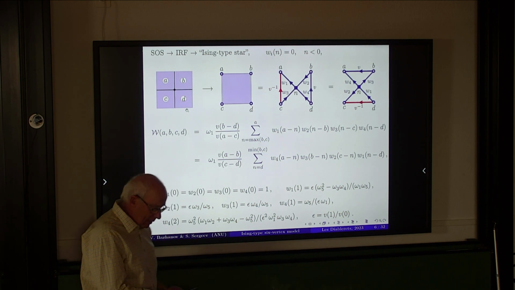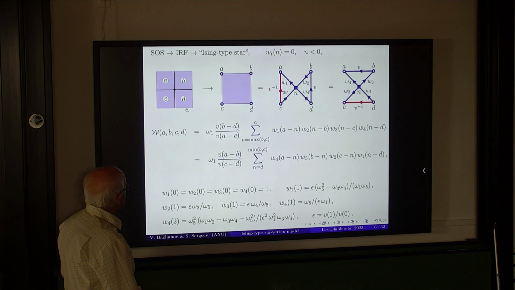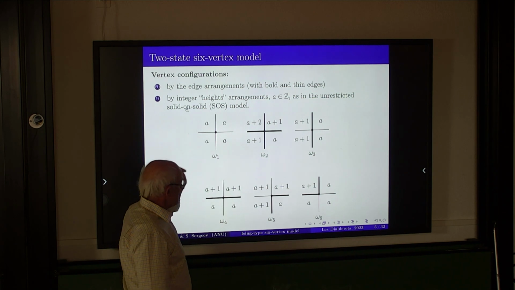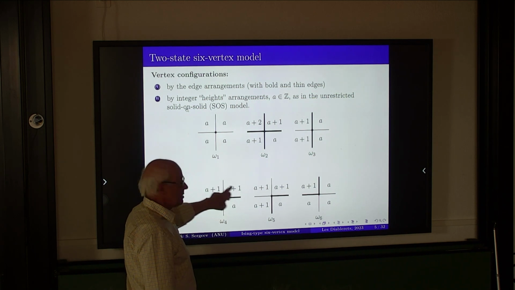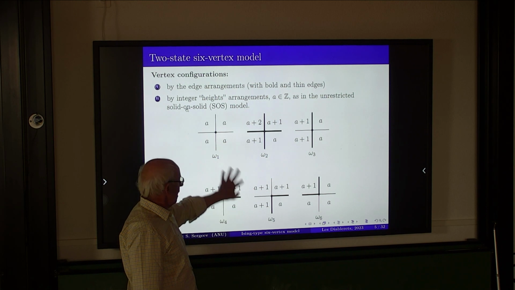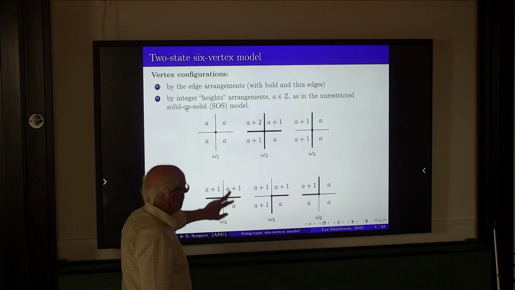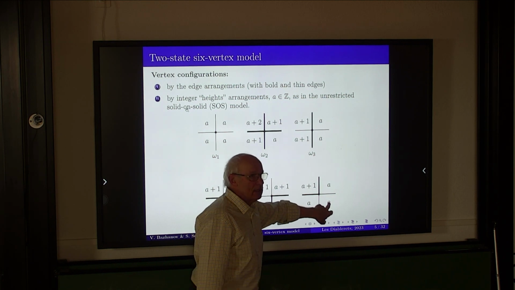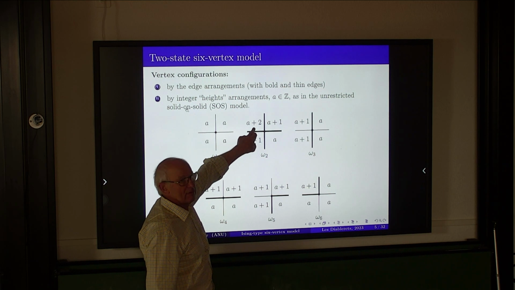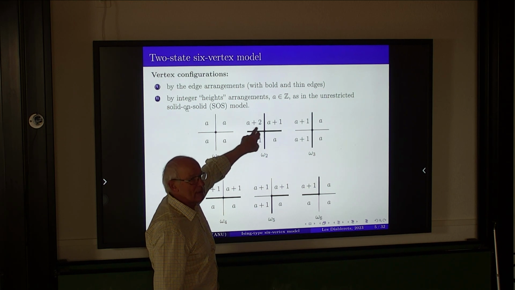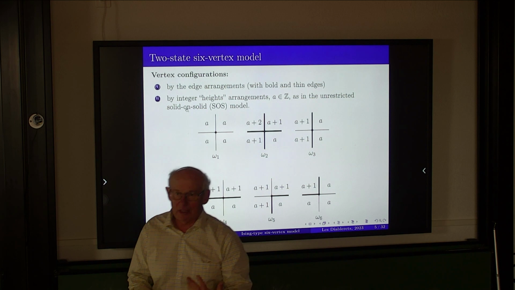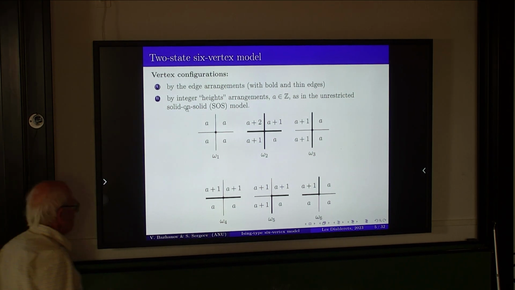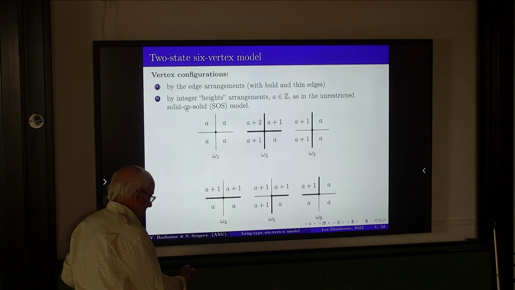So you remember, if you look at these pictures, everything will depend on differences. So one of these spins here we can set to 0. Then the maximum here will be +2. So we have to work in the range of 0 to 2, because everything depends on the spin differences.